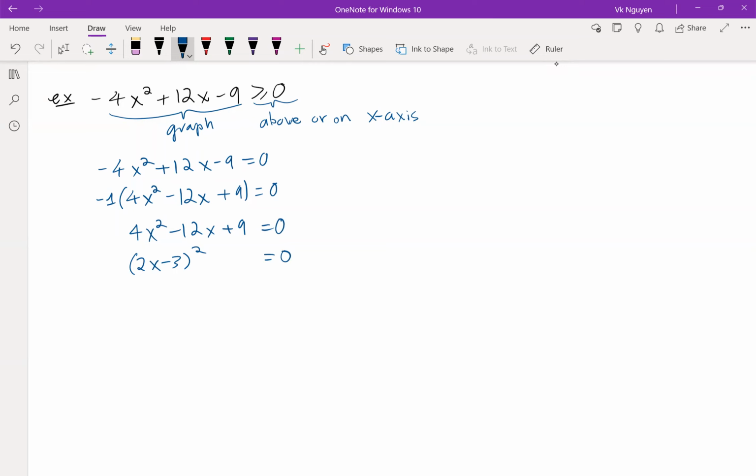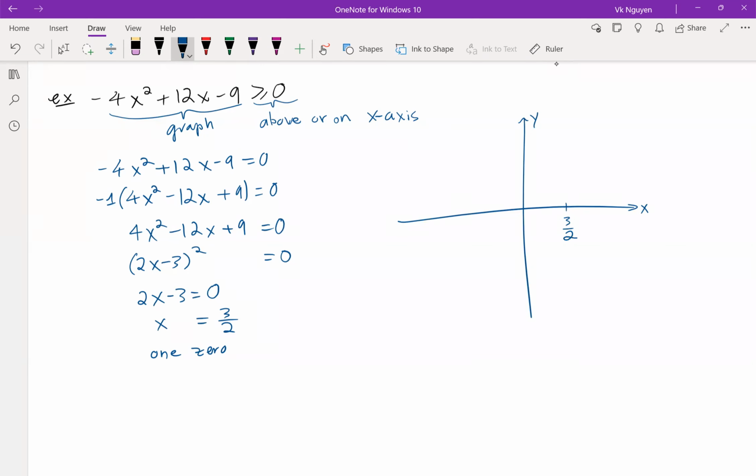The factor tells us that there's only one zero. Right? 2x minus 3 equal to 0. X is 3 over 2. Only one zero. x, y. So x equal 3 over 2.